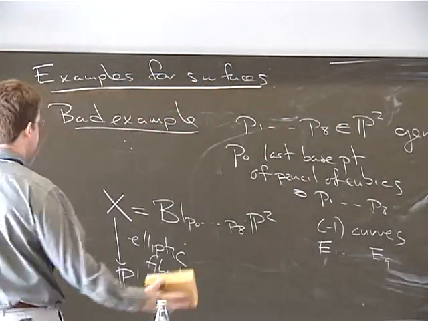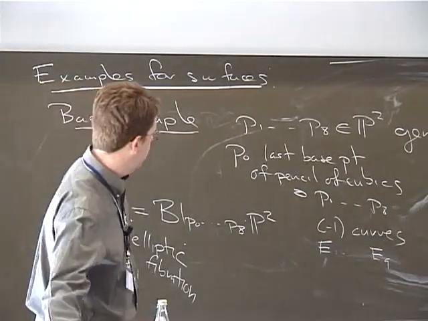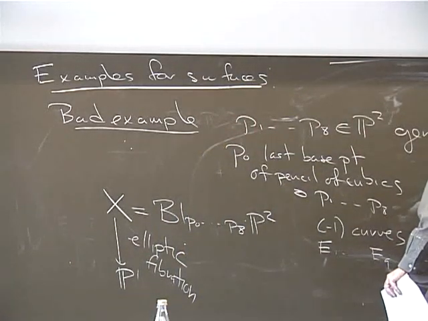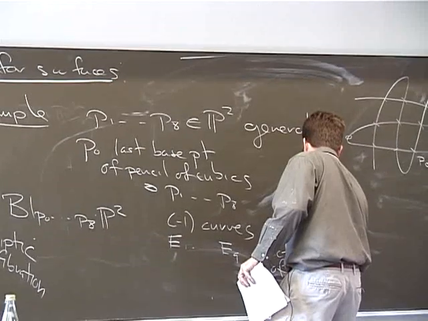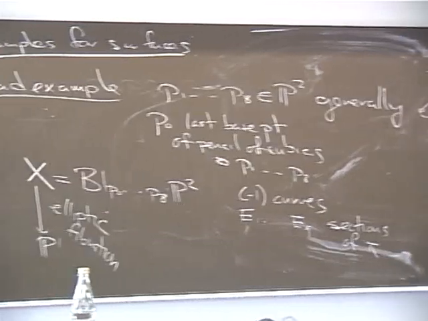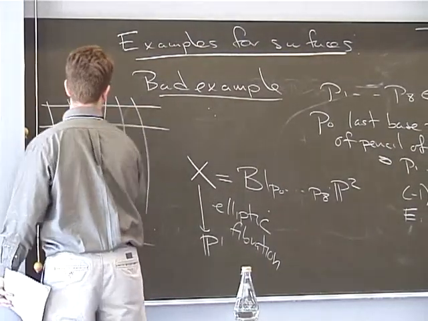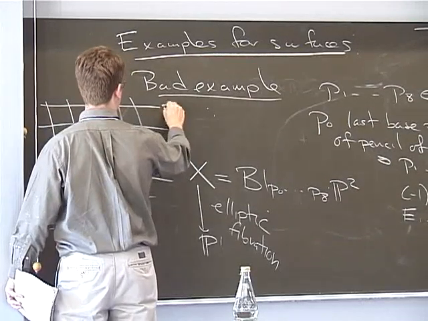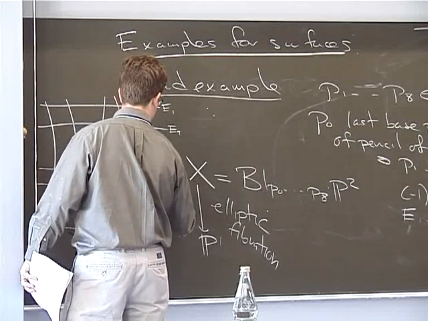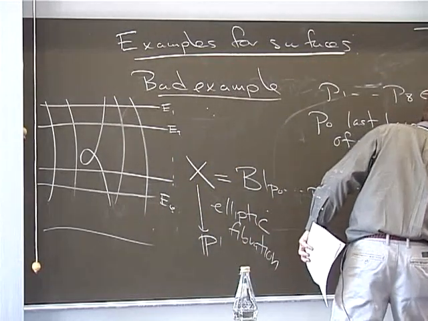Now, these distinguished curves are sections of pi. So if I represent this schematically, I guess I should number them from 0 to 8.